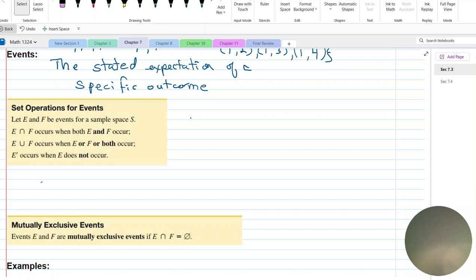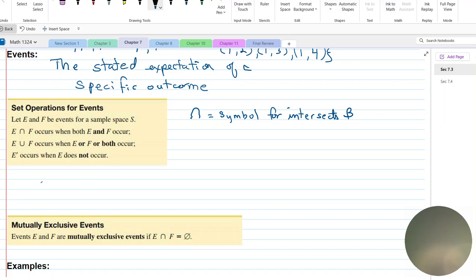E intersects F. If they have this symbol in the Venn diagram, it's intersect, like the overlapping.